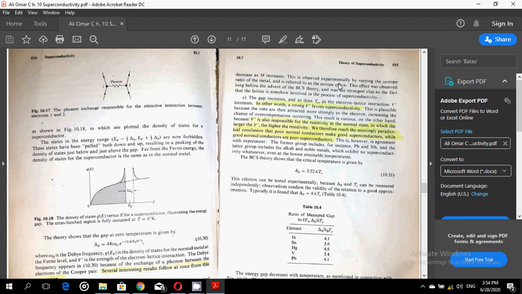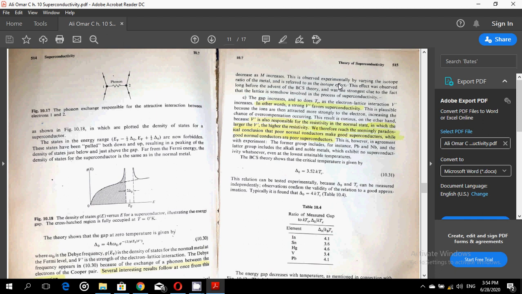So this result is very curious. On the other hand, because V' is also responsible for the resistivity in the normal state, the larger the V', the higher is the resistivity.